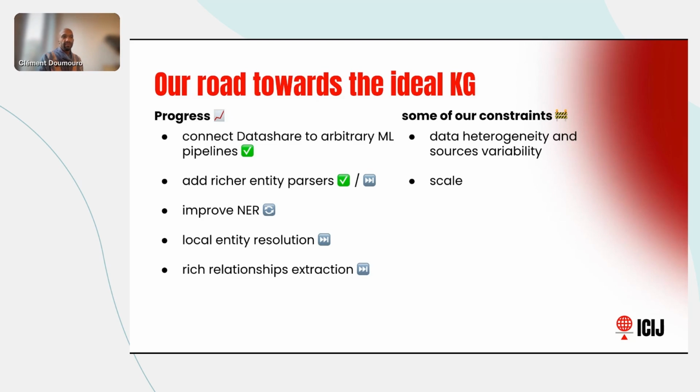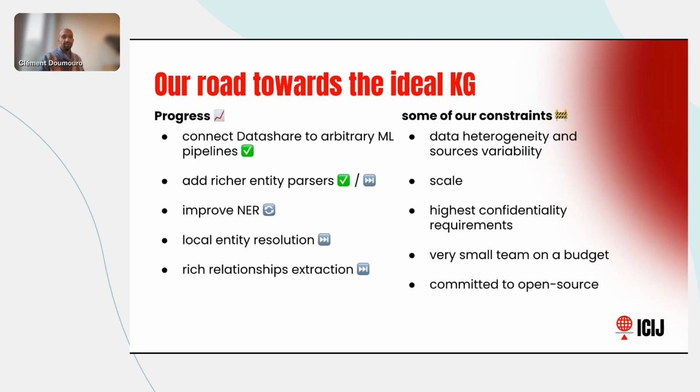And scaling cost is also a big issue, as we can't afford running expensive models like LLMs on tens of millions of pages. We also obviously have very high confidentiality requirements, meaning that the data can't leave our servers and we can't use external APIs. And we are a very small team on a budget committed to open source. That implies that we'd like to avoid using proprietary software.